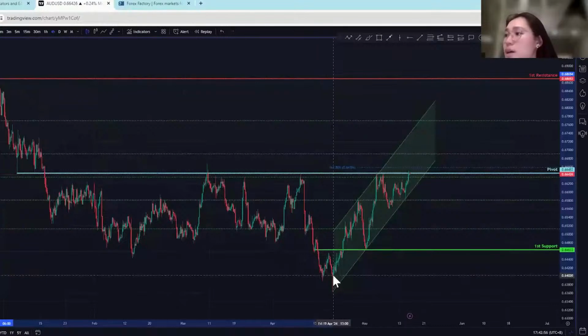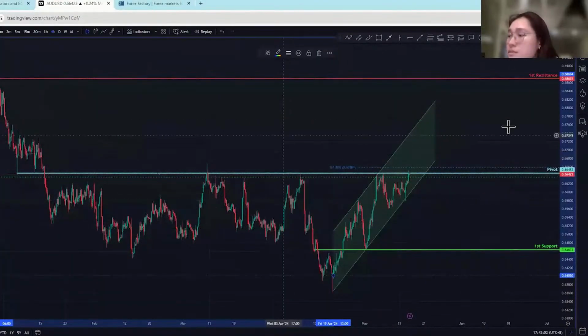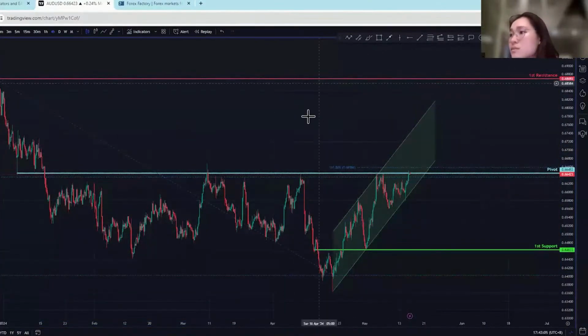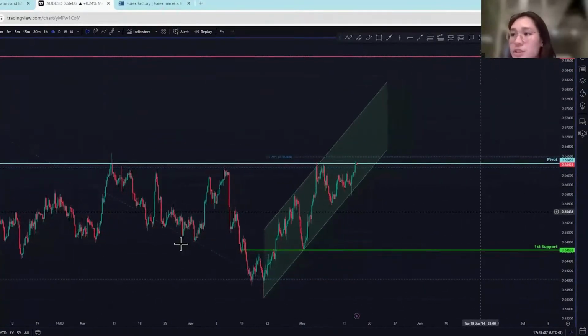Okay, and you can see my 50% lines up with my pivot. Again, going in with my projections.